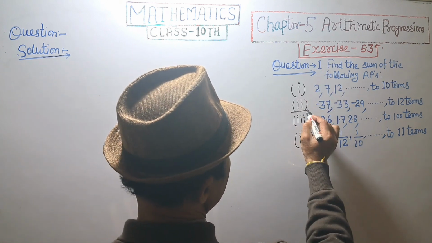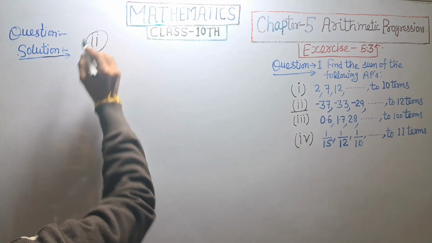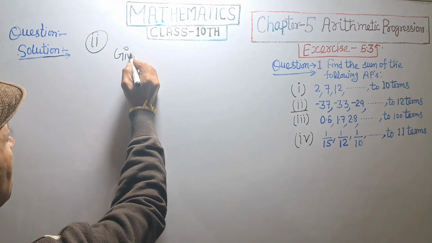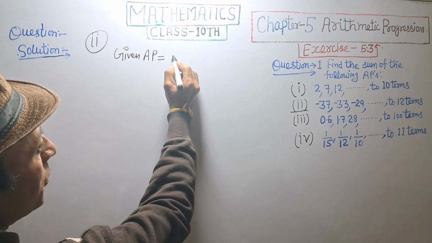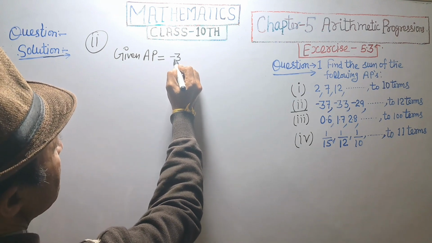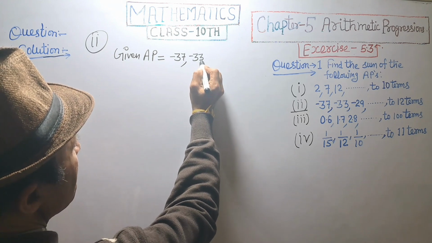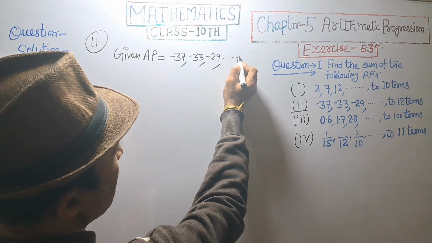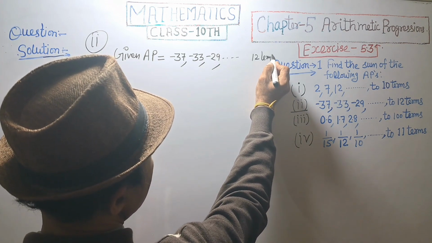Question number first, part second. Given AP is equal to minus 37, minus 33, minus 29 and up to 12 terms.